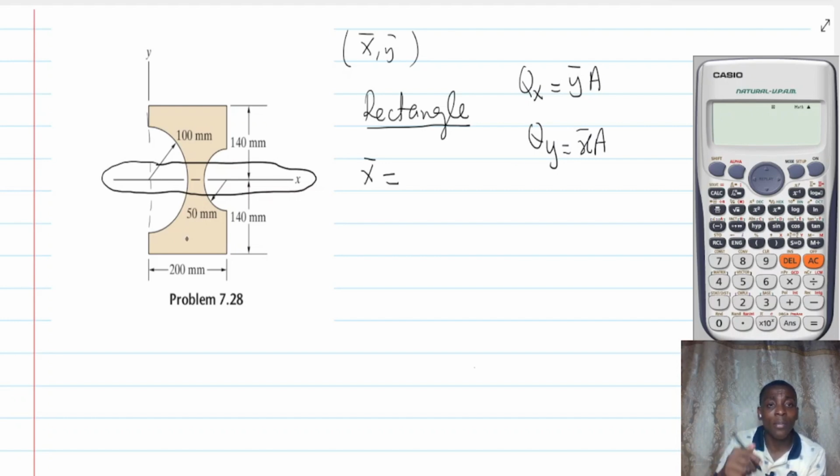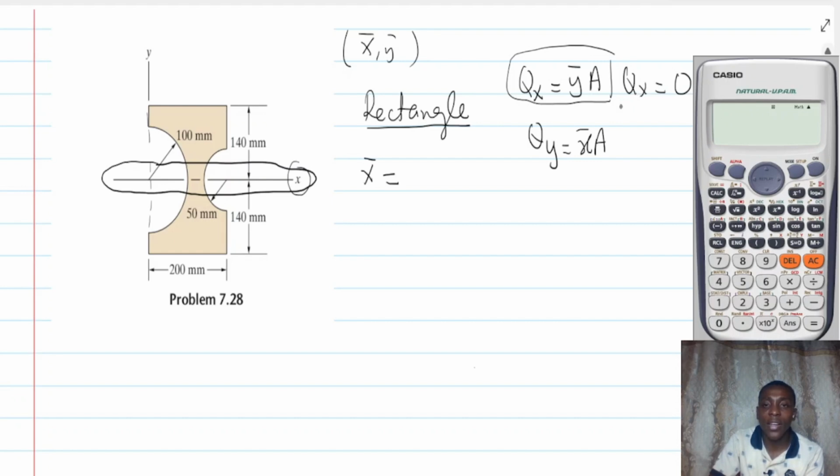Since the x-axis divides the area into two equal halves, the first moment of area about the x-axis is actually 0, because there is no moment about the x-axis. If you have problems like that, then we say Qx is actually 0.